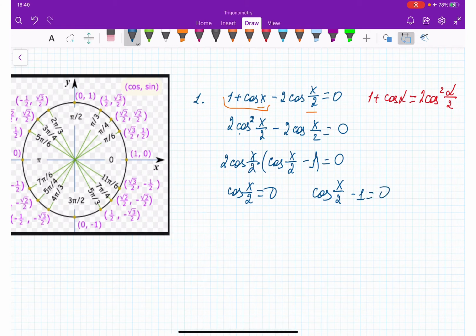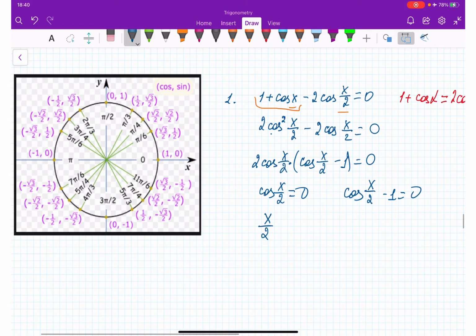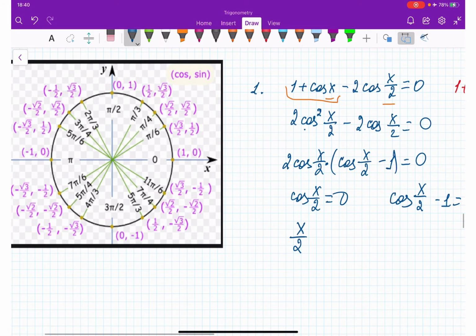Okay, so from here, cosine half of x is equal to 0. That means half of x... Let's look at the unit circle. Which angle has cosine as 0? Here we go, it's pi over 2, 90 degrees, right? And 3 pi over 2, cosine is 0.